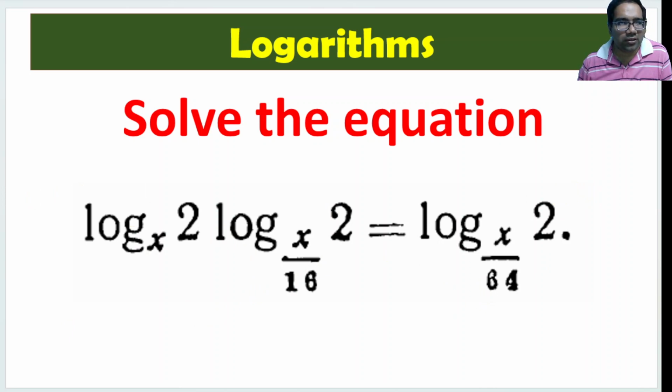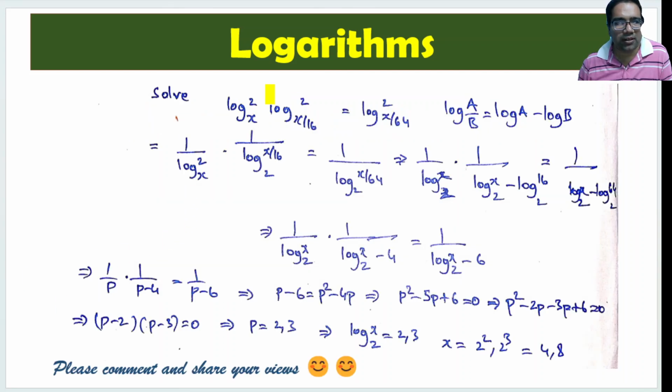Luckily, we have a method. If you take 1 over this, 1 by log 2 to the base x, we get log x to the base 2. For example, log 2 to the base x we can write as 1 by log x to the base 2. Similarly, log 2 to the base x/16 we can write as 1 by log x/16 to the base 2.